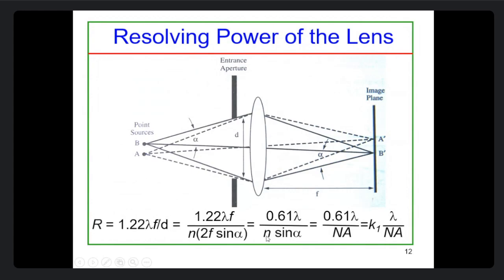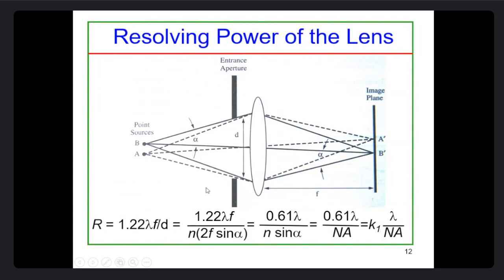Or you can change your medium. Suppose in place of air, you replace this medium by any other medium having a higher refractive index, then automatically you can reduce W mean or make the resolution better. And of course, one is the lambda. If you reduce the lambda, automatically it improves.